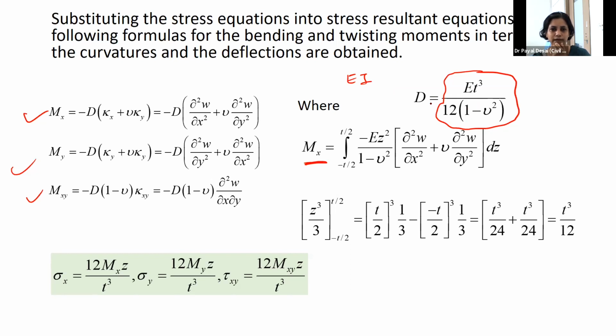This is called the flexural stiffness of the plate, and I am able to get this stress formula. It is very similar to your bending stress, but these are the bending stresses in the plate and also the shear stress. So there are two bending stresses, sigma x, sigma y, and one shear stress. And you may see here the bending stiffness also.